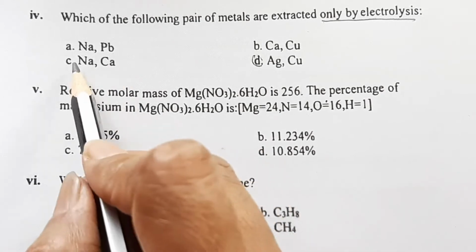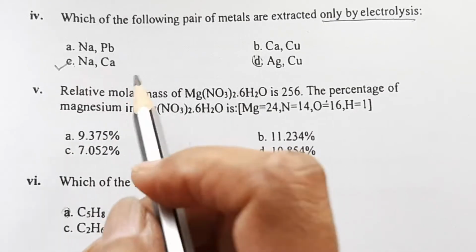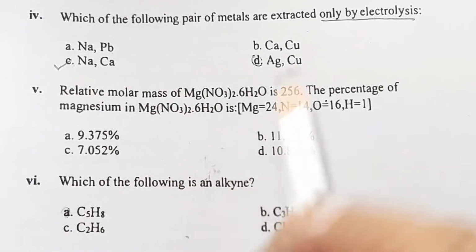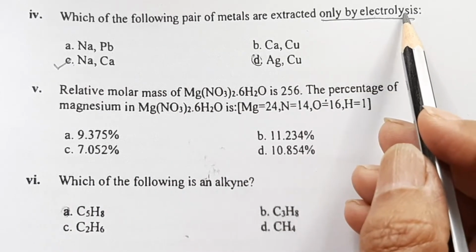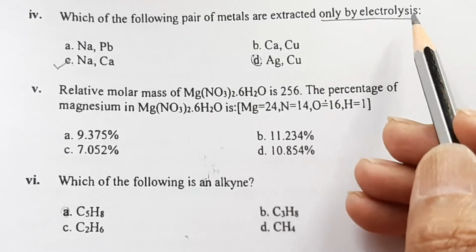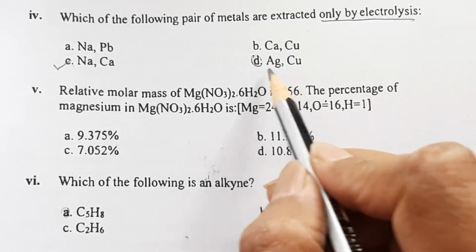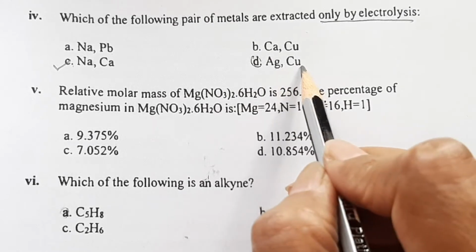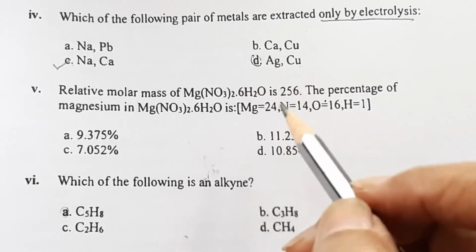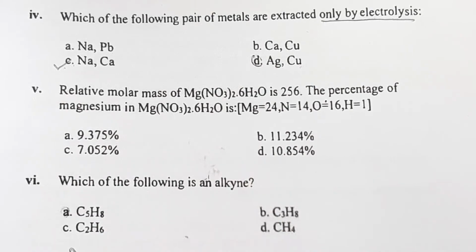Na and Ca both are higher in the EC series. So this will be the answer. Reason? Because they can be extracted only by electrolysis, because you cannot reduce them with a normal reducing agent. Now, Ag and Cu, both of them are way below in the EC series, so we cannot take this. So the correct answer is C.